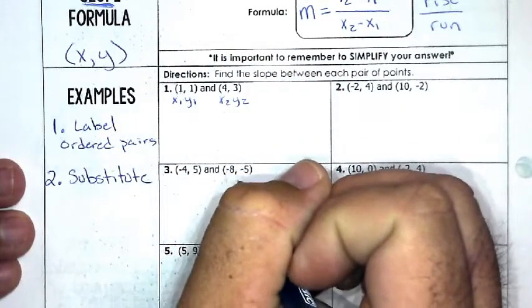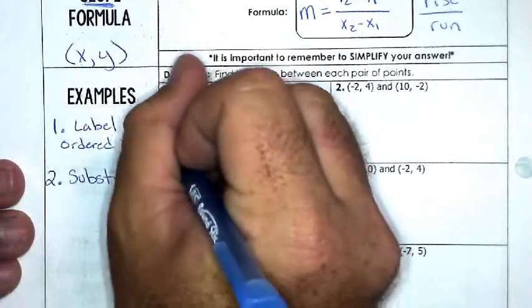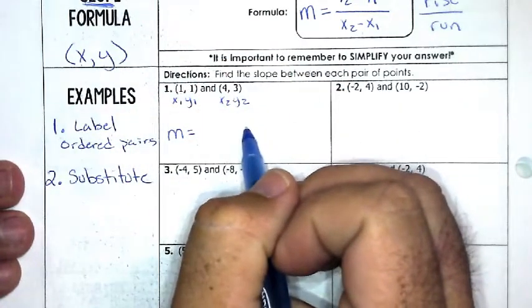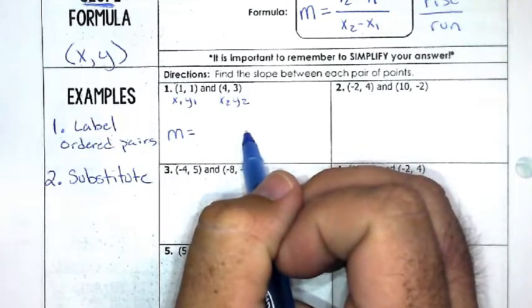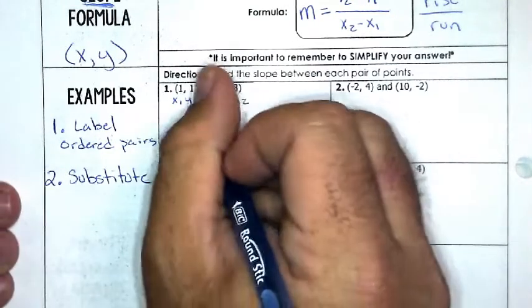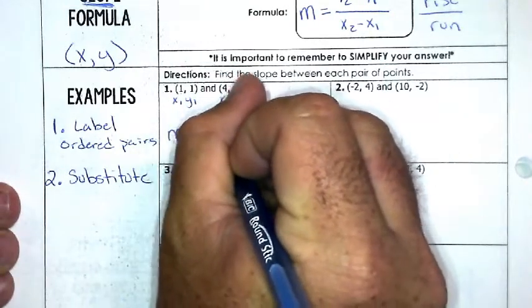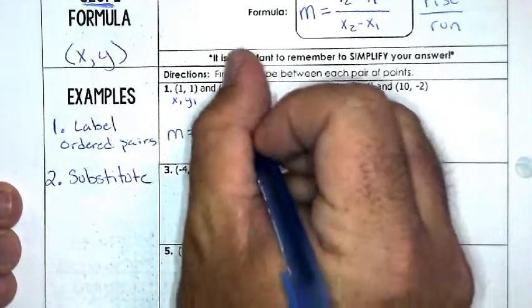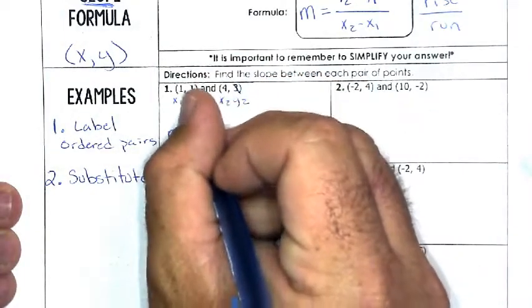what is the value of my y2? 3. Good. Now the formula says that I'm going to subtract that with the value of my y1. What is that? What's the value of the y1? 1. And that's my numerator.